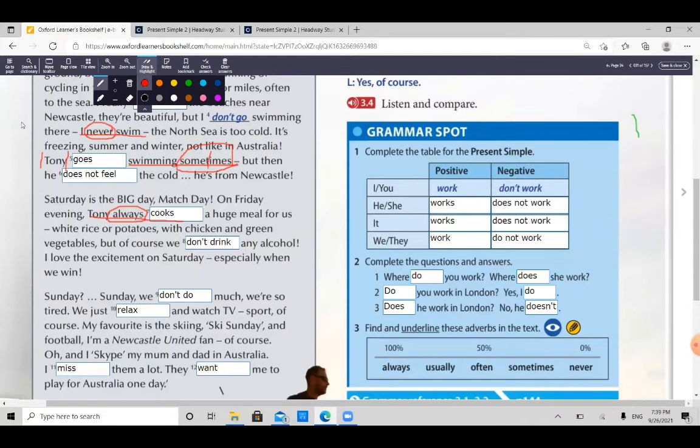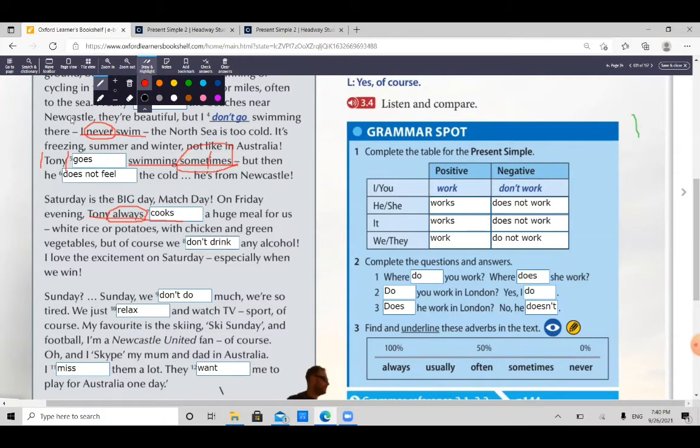Or the last way, Tony sometimes goes swimming. This is correct with sometimes. It can come in three places, but this is not true with other adverbs. For example, never: you cannot use it at the beginning or the end of the sentence. You cannot say, I swim never. It would be wrong, okay?